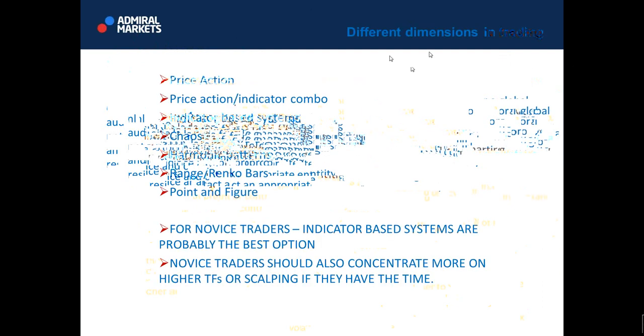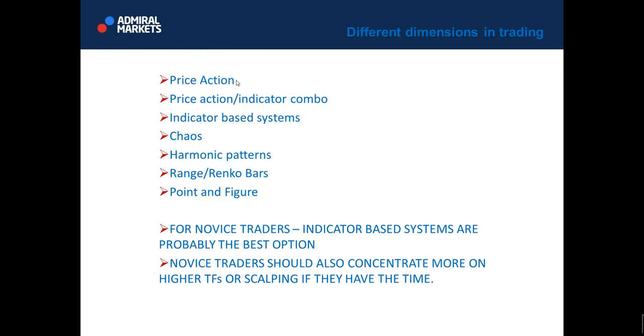So what are dimensions in trading? Price action is one dimension which is completely different than others. Then we have price action and indicators combo, indicator based systems, chaos, harmonic patterns, range or Renko bars, point and figure.